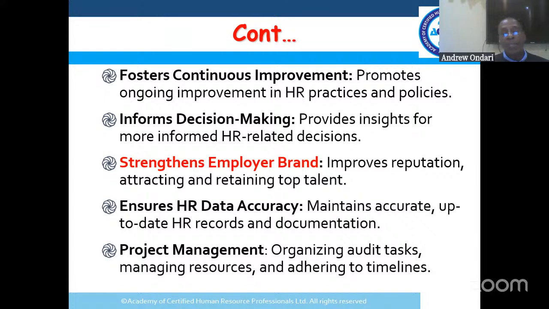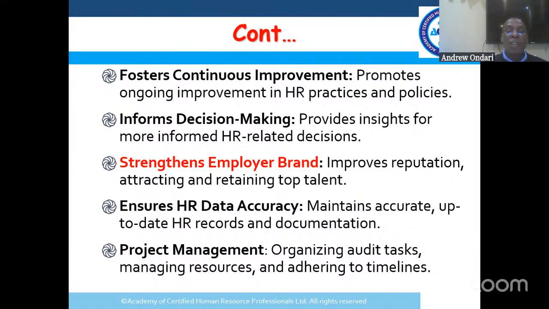The other aspect that strengthens our employer brand is our compensation and benefit system. When you conduct an HR audit, you identify weaknesses in that system and improve them. And again, that will improve our employer brand.